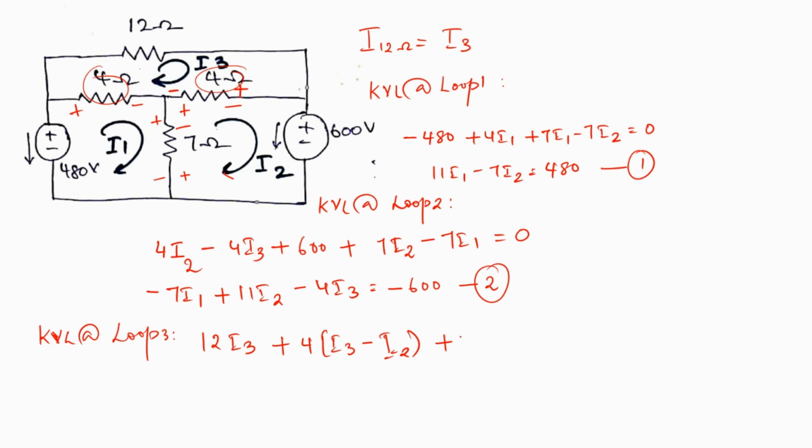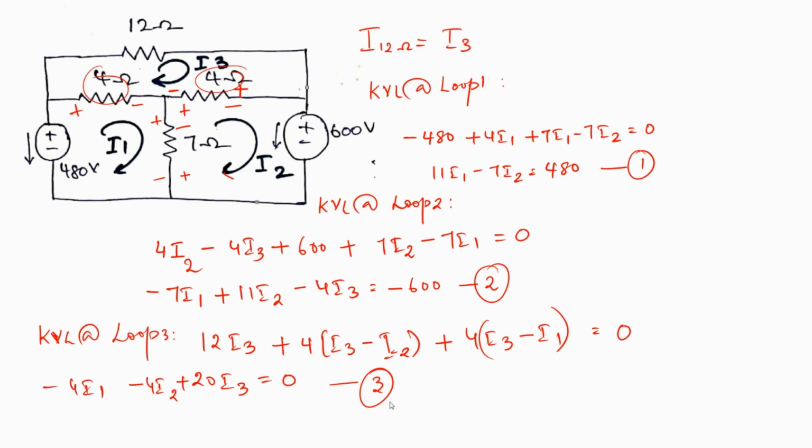So again plus 4 I3 minus I1 is equal to 0. So now when I simplify this, I will get 20 I3, minus 4 I2 and minus 4 I1. So I'm trying to maintain the order of I1, I2 and I3 over here. So I'll get minus 4I1 minus 4I2 plus 20I3 is equal to 0. So this becomes my third equation.